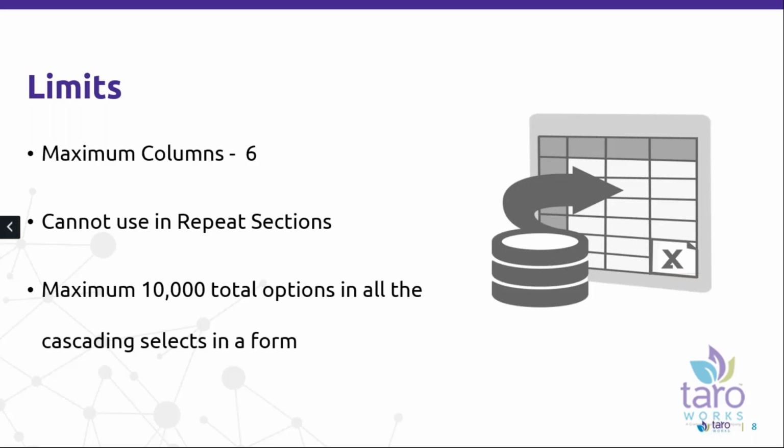Then number 2, Cascading Selects cannot be used in repeat sections. So we use them in regular sections only. And finally, you can only have a maximum of 10,000 total options in all Cascading Selects in a form, so as to stay under the Salesforce processing limits.